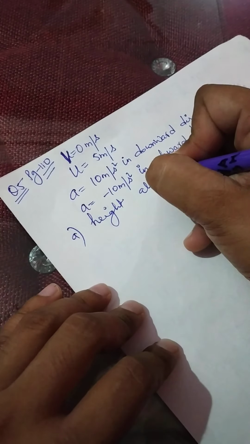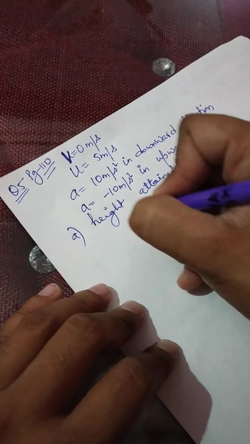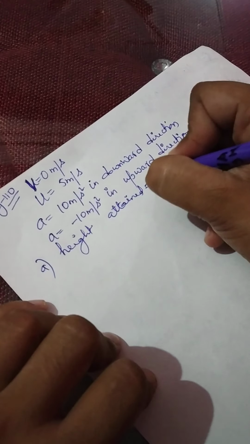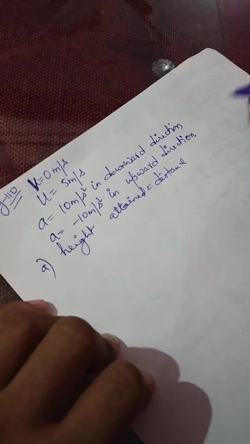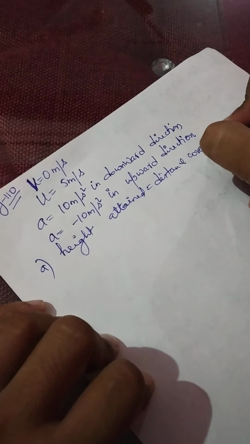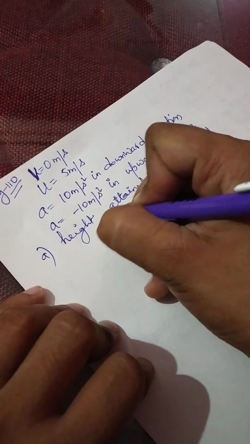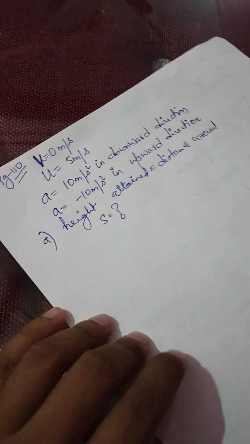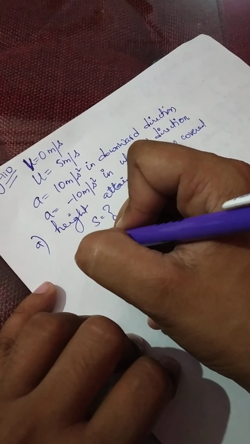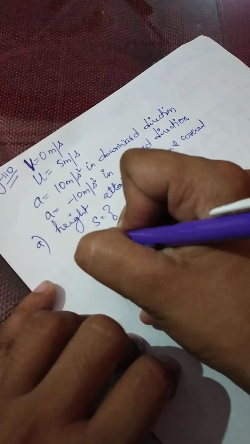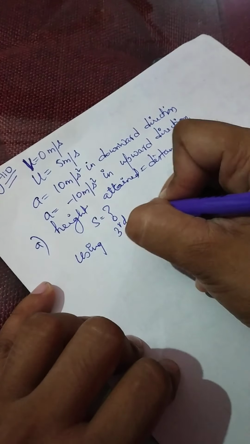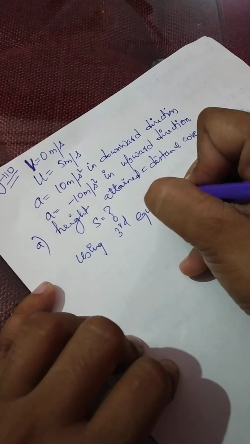Here the height attained will be equal to the distance covered. So basically we have to find out s using third equation of motion.